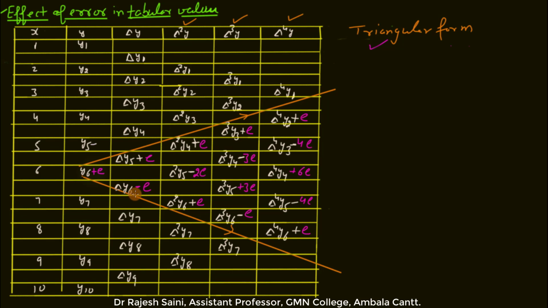And here is 0 and here is 0. So in every column, sum of errors is always 0. This is observation number 1.